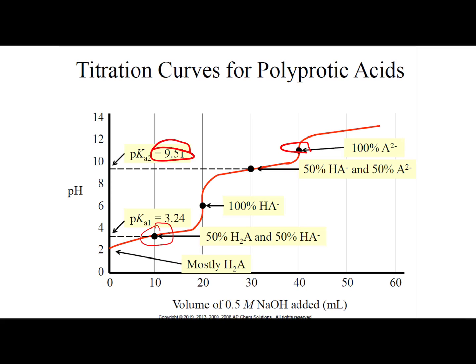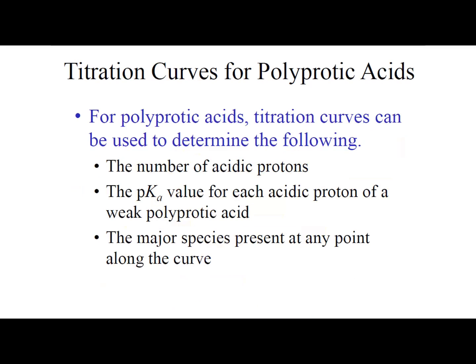You'll have sodium from the strong base as the spectator ion, Na plus. And if you take a look at the pH, you'll notice you also have a fairly high concentration of OH minus. So for polyprotic acids, the titration curves can be used to determine the number of acidic protons, or how many hydrogens it can donate, the pKa value for each acidic proton of a weak polyprotic acid, and the major species that are present at any point along the curve.